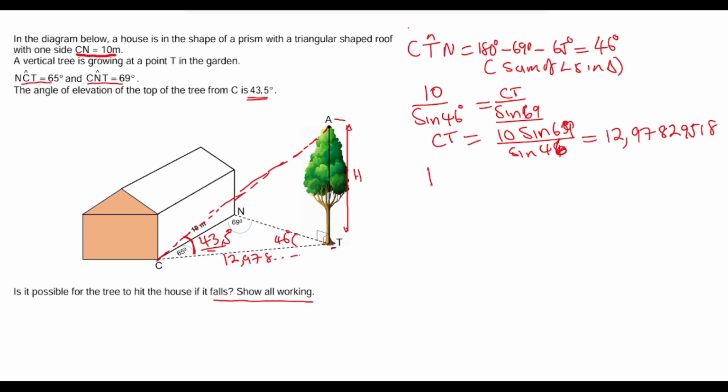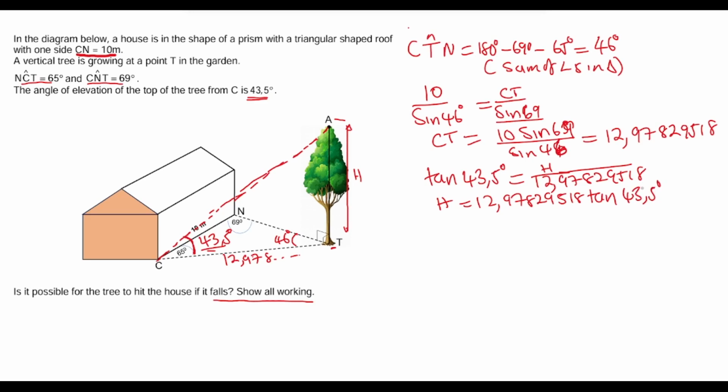So we can say tan 43.5 degrees is equal to the opposite side over the adjacent side, which is h over 12.97829518. Then we multiply both sides by 12.97829518 to get h. H is equal to 12.97829518 tan 43.5 degrees.